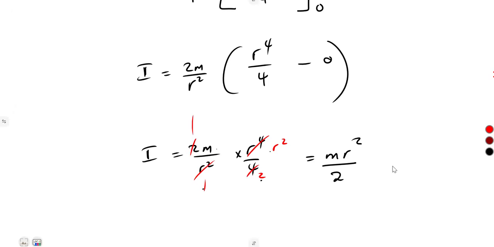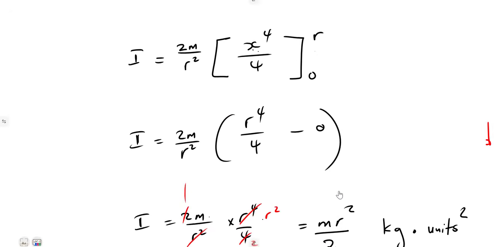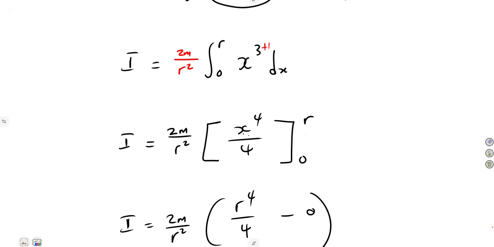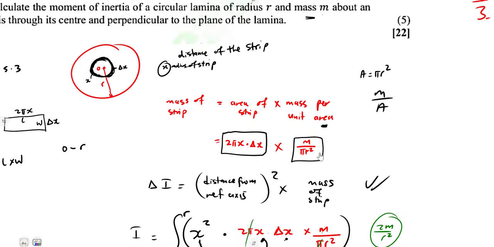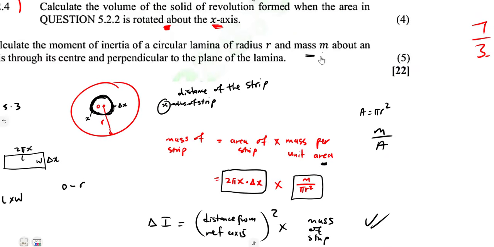So this is the moment of inertia, which is taken in kilogram square units. We are not given the units here for the radius. If it was given in centimeters, it would be kilogram square centimeters; if it is in meters, kilogram square meters.